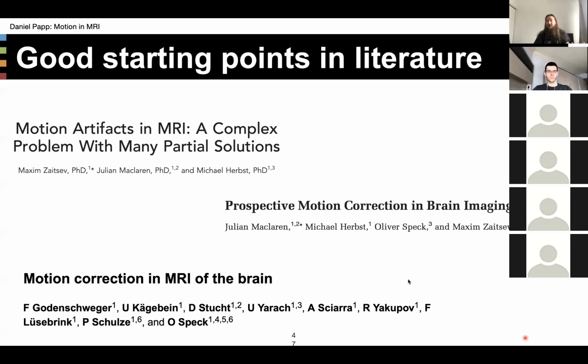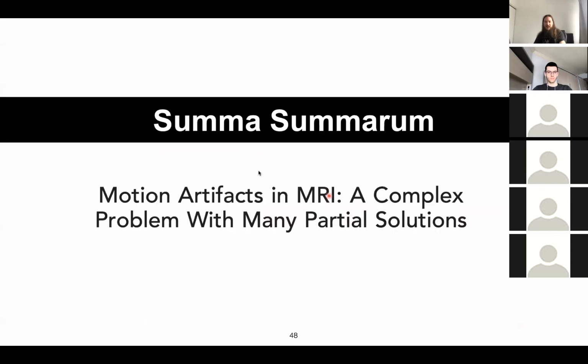These are just relatively good reviews, and either their references or things that reference them are a good jumping off point for getting into this whole topic. And with that, I'd like to end with a summary taken from one of their titles: motion in MRI is a complex problem with many partial solutions.